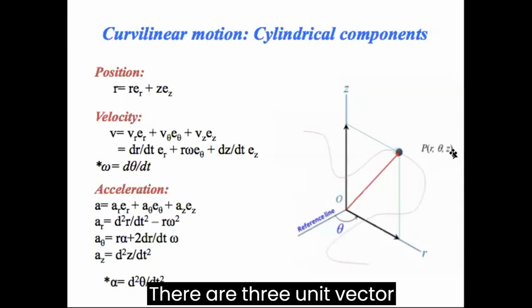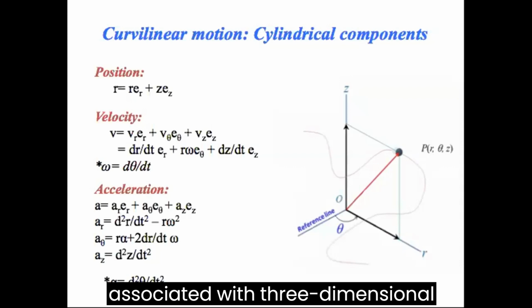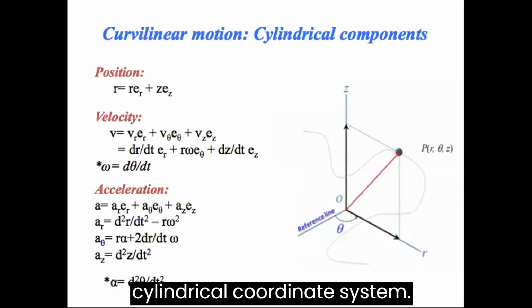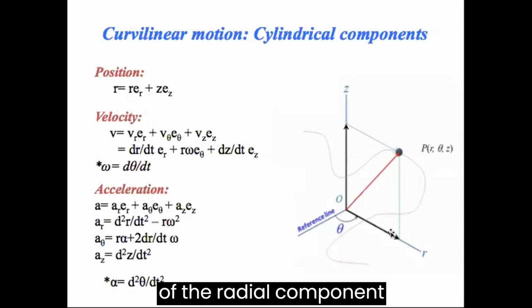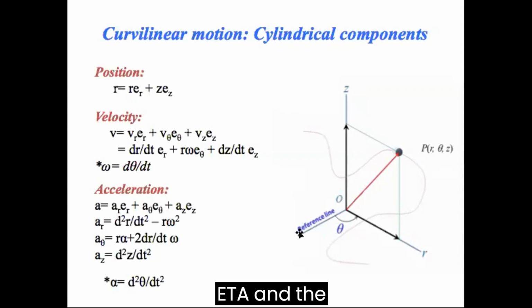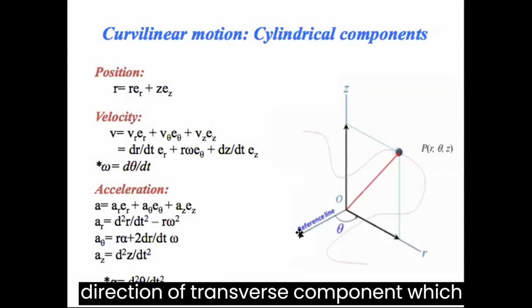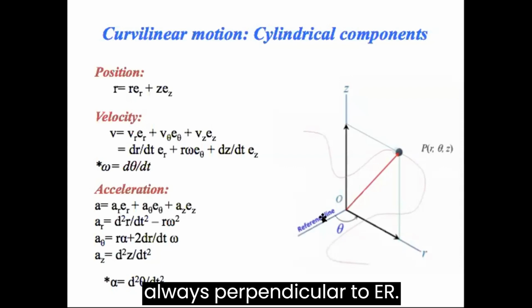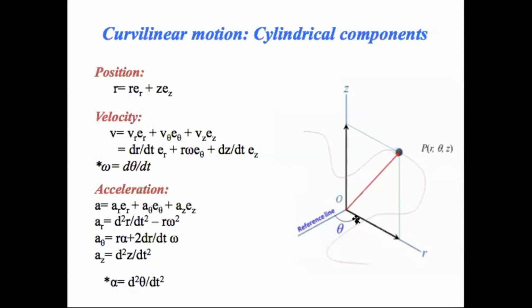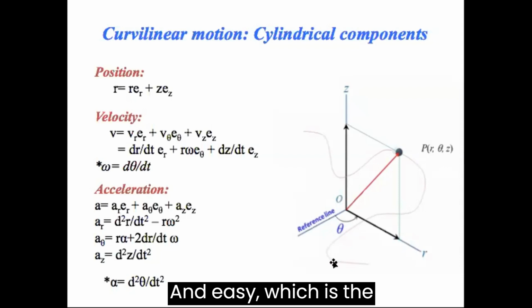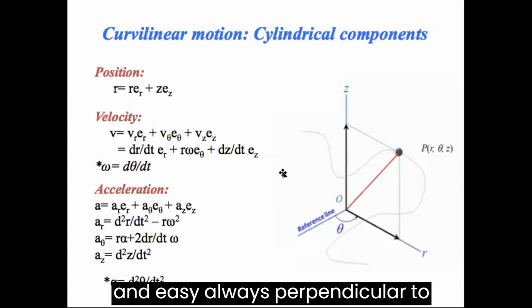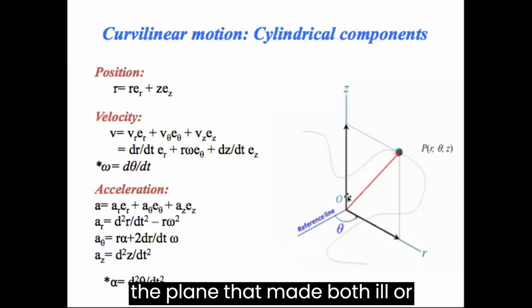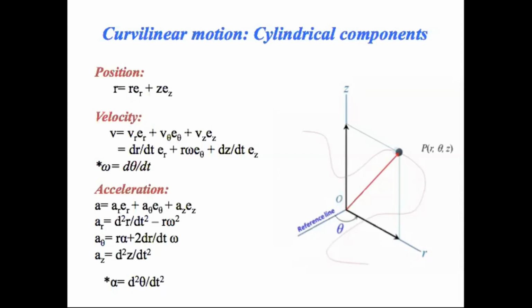There are three unit vectors associated with the three-dimensional cylindrical coordinate system. e_r is the direction of the radial component, e_theta is the direction of the transverse component, which is always perpendicular to e_r, and e_z is the same k unit vector as in the rectangular system, and e_z is always perpendicular to the plane made by e_r and e_theta.